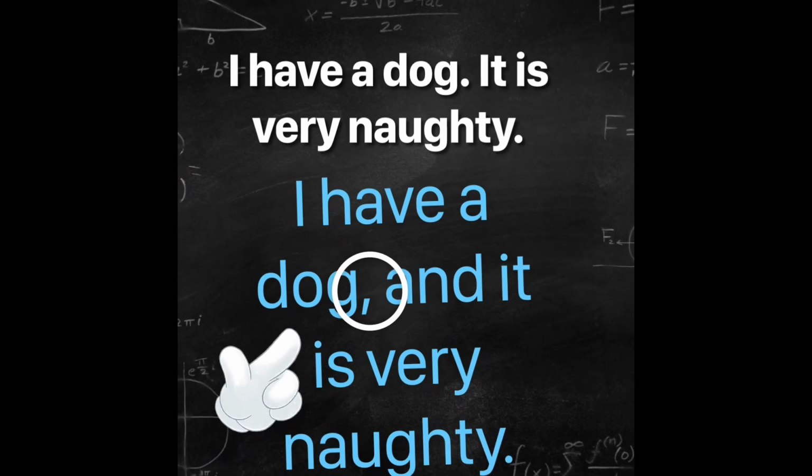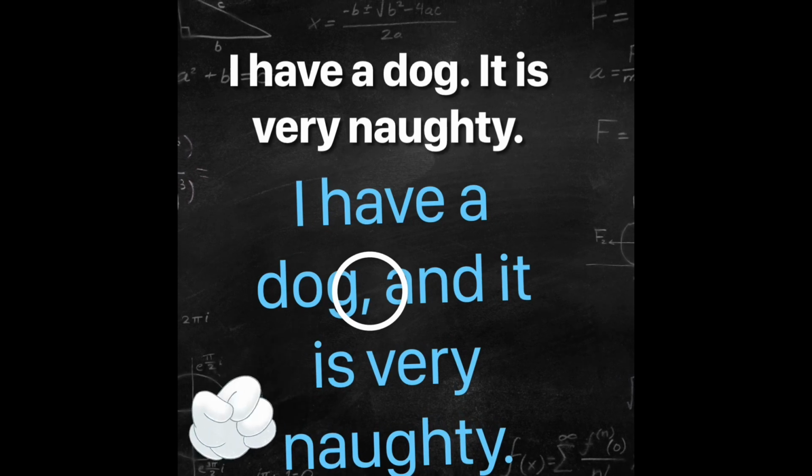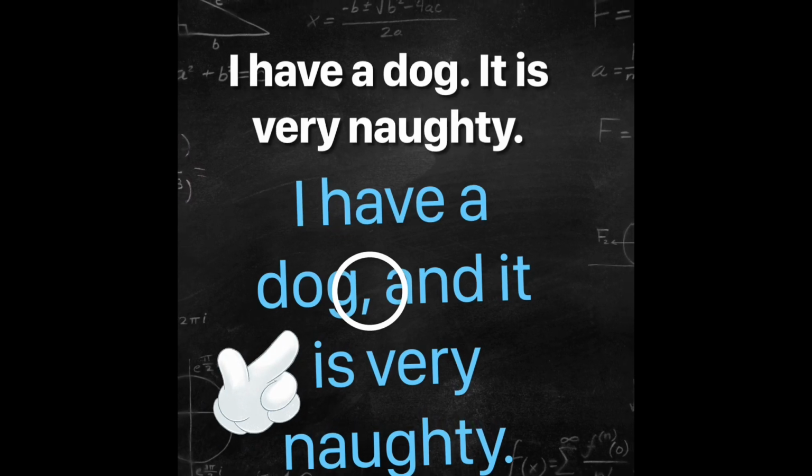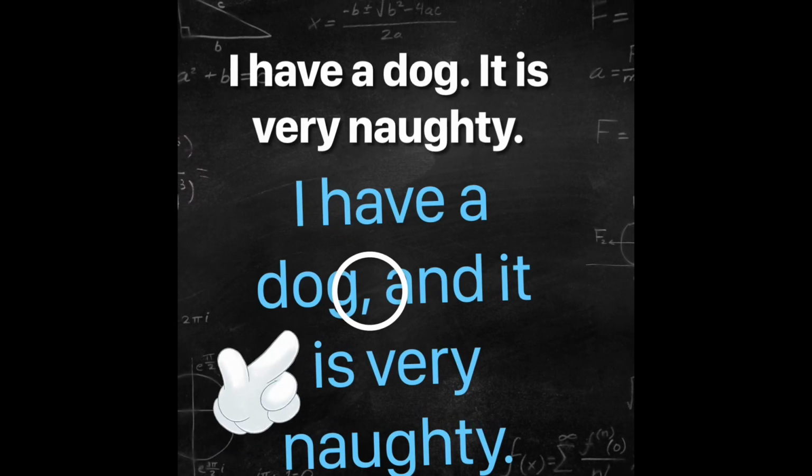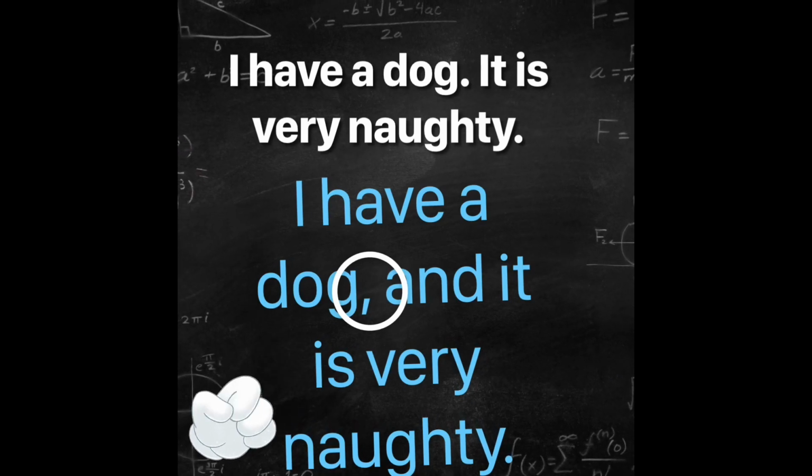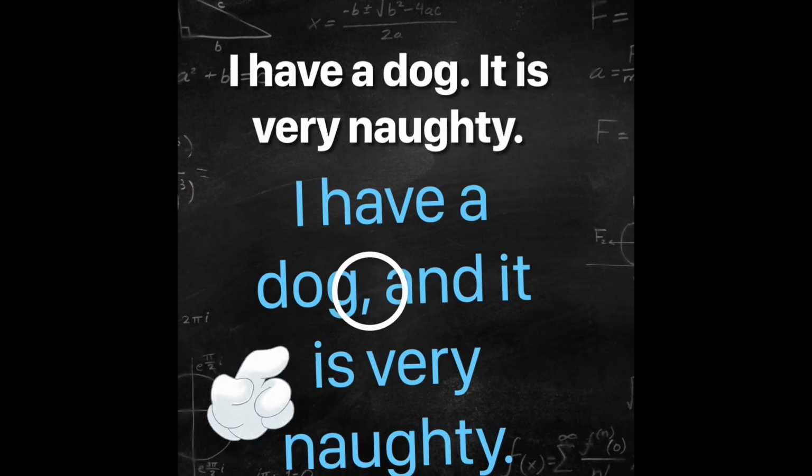A comma is placed right before the conjunction in this type of complex sentences. Like for example, have a look at this sentence. I have a dog. It is very naughty. So we are placing a comma right before the conjunction and. I have a dog, comma, and it is very naughty.